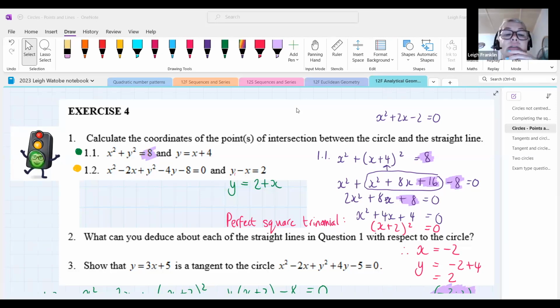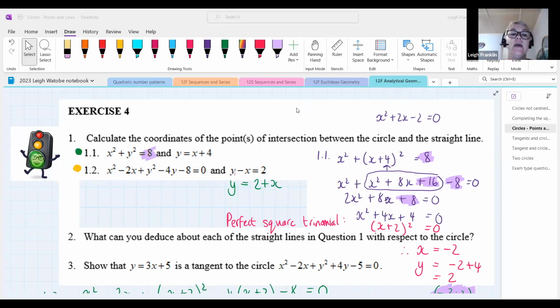Just one more question, guys, in the chat. Which question are you referring to? 1.2, Mohau? 1.1. When you say the other equation, what do you mean by that? So what you would have to do.